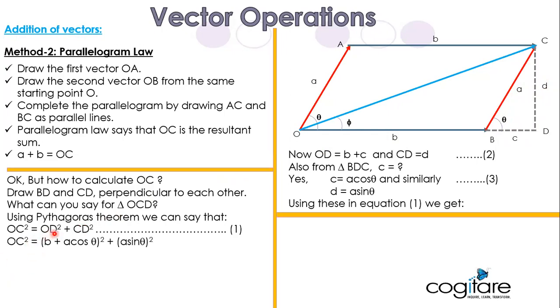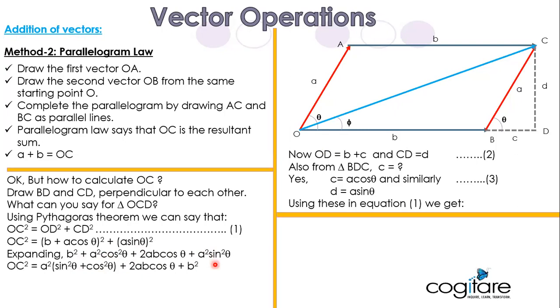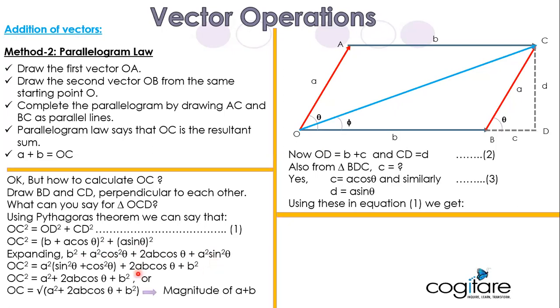We get OC square is equal to OD, which was nothing but (B plus A cos theta) whole square, and CD is nothing but (A sin theta) whole square. We expand it, and we find that A square cos square theta and A square sin square theta are present. We can simplify them and get the result as OC square is equal to A square plus 2AB cos theta plus B square, or OC is the square root of this. So what we have essentially found is the magnitude, the length of this diagonal, which is given by this formula, square root of A square plus B square plus 2AB cos theta.